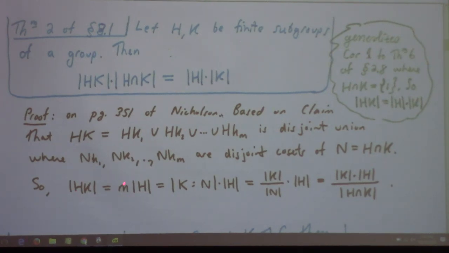So this has m times the order of H, but m is nothing more than the number of disjoint cosets of the intersection, which is, in other words, the index of the intersection in K. N is H intersect K, so it's the index. But remember that the index, the number of cosets of the intersection, is the size of K divided by the size of the intersection, which gives me this is equal to that, which is that.